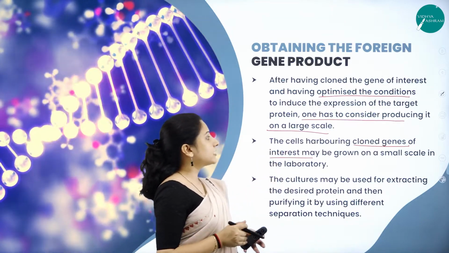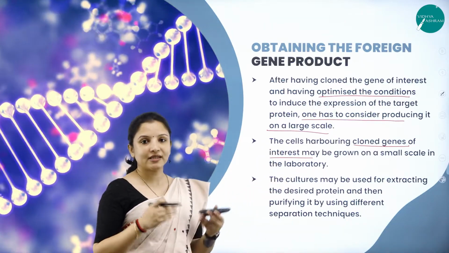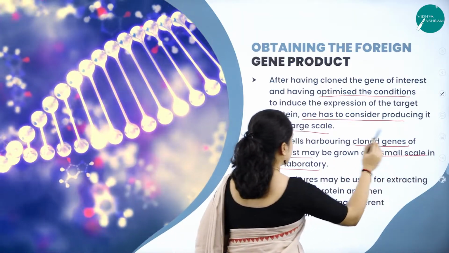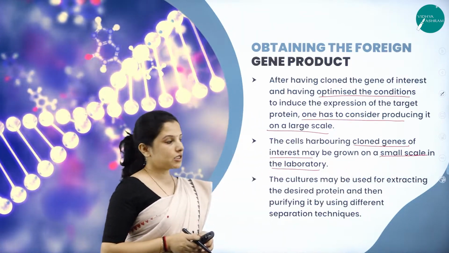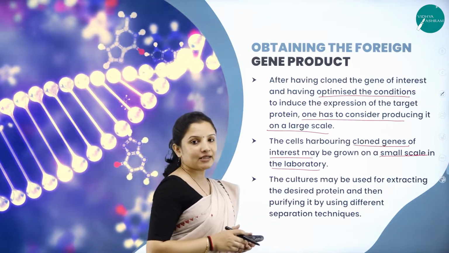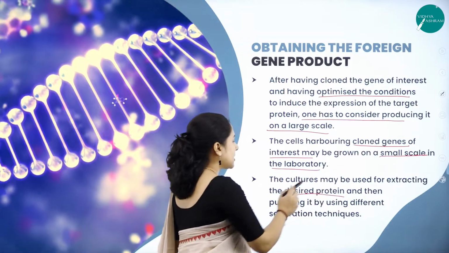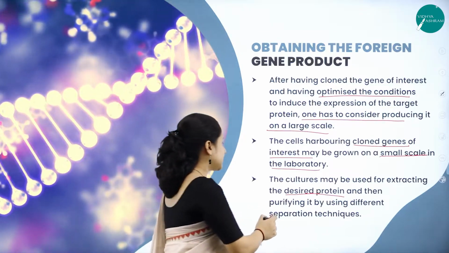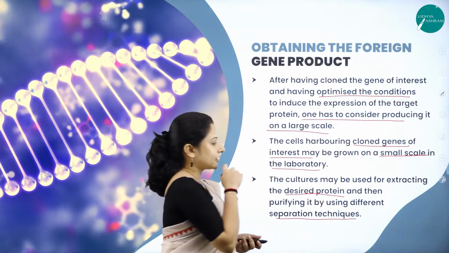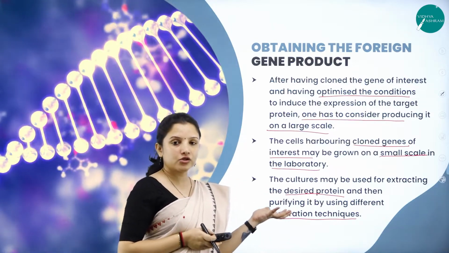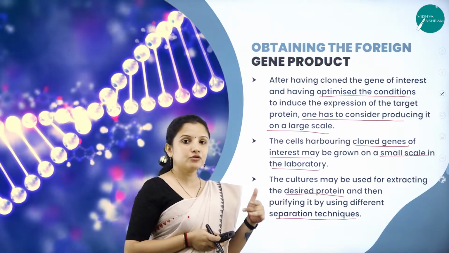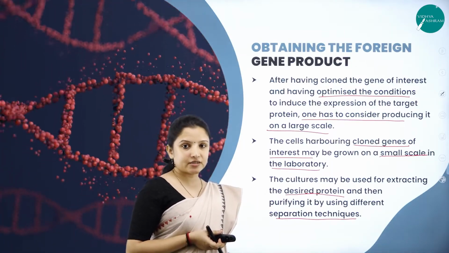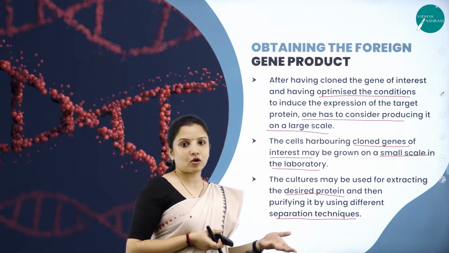So the cells harboring the cloned genes of our interest are grown on a small scale in the laboratory in a proper medium, and these cultures may be used for extracting the desired proteins. And then the purification of these cultures will be done by using different separation techniques. So here we need to increase the production for various industrial purposes.